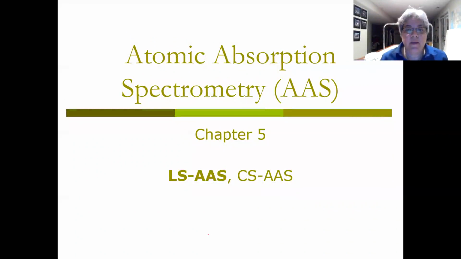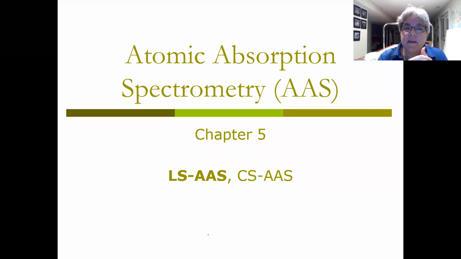Okay, today we are going to be talking about Chapter 5, which is Atomic Absorption Spectroscopy. If you remember at the beginning of Chapter 4, I told you we can talk about spectroscopy in terms of being for atoms or molecules.